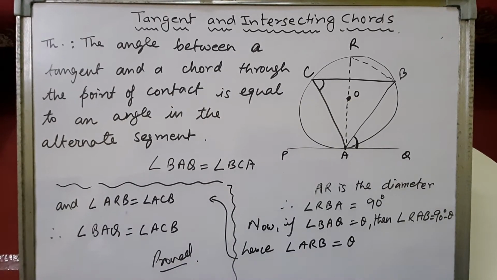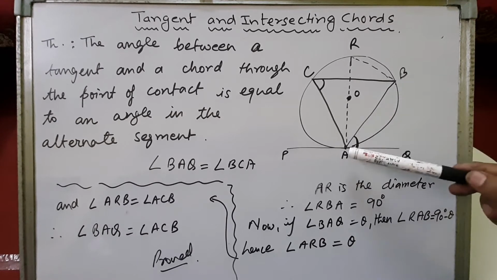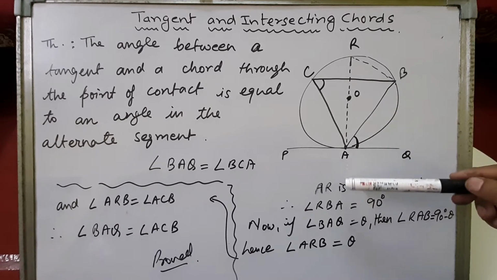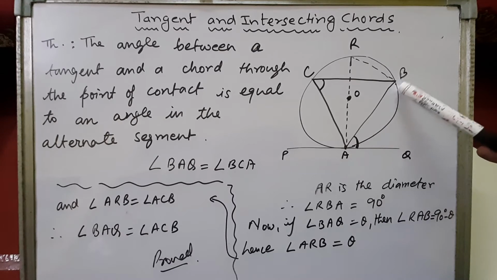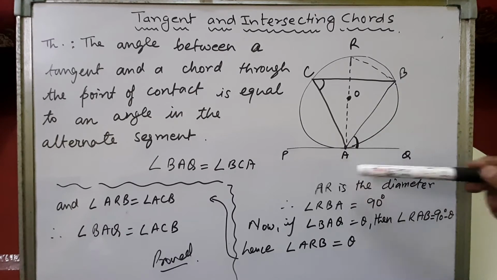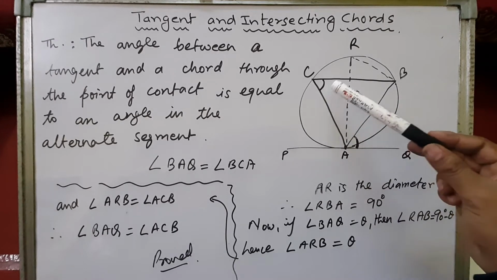Now in this theorem, it is given that the angle between the tangent and a chord through the point of contact is equal to the angle in the alternate segment. Now the theorem says that suppose AB is a chord and A is the point of contact, whereas PQ is the tangent. So the angle between the chord and the tangent at the point of contact, this angle, alright children, and this chord is subtending this angle ACB.